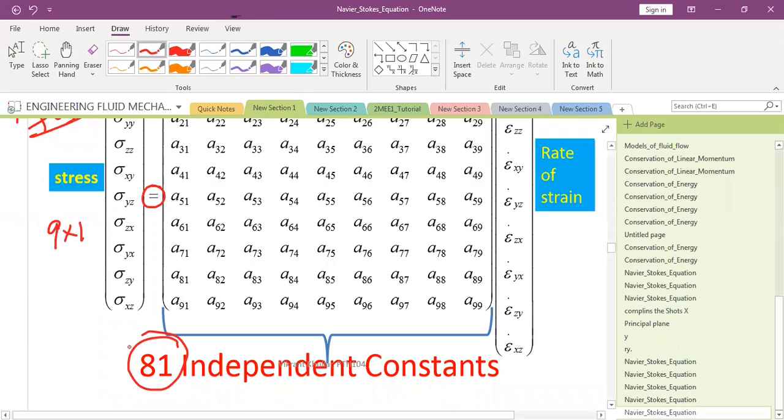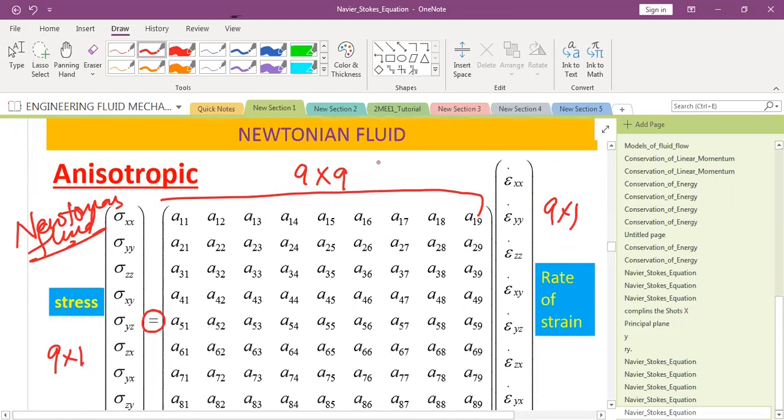So how many equations will you get from here? 9 equations. How many unknowns? 81 unknowns. Can you solve this equation? No, sir.